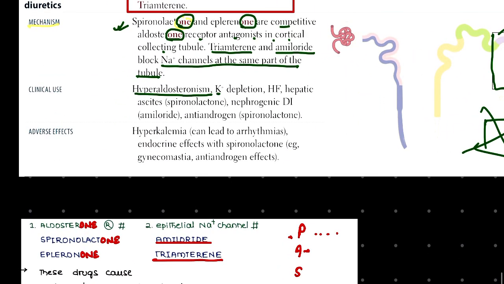It is also used when there is potassium depletion. In heart failure and hepatic ascites, spironolactone is used. In nephrogenic diabetes insipidus, amiloride is used. For anti-androgen use, spironolactone is used, because it causes gynecomastia.